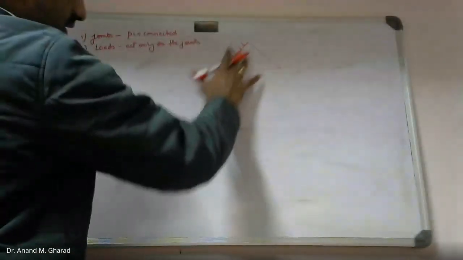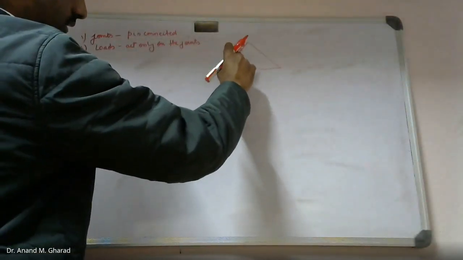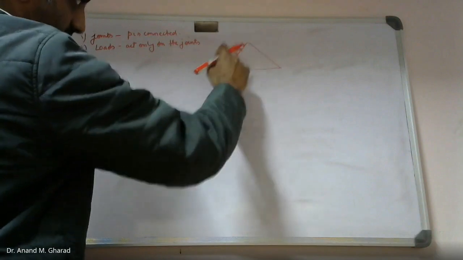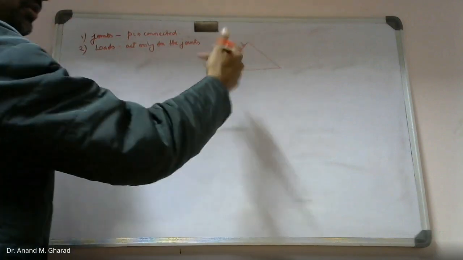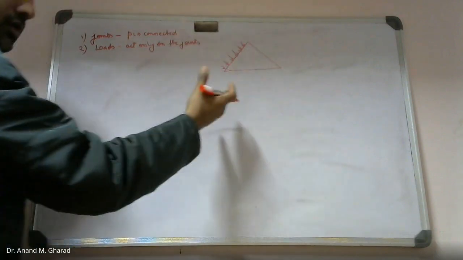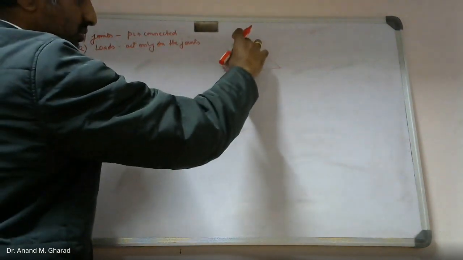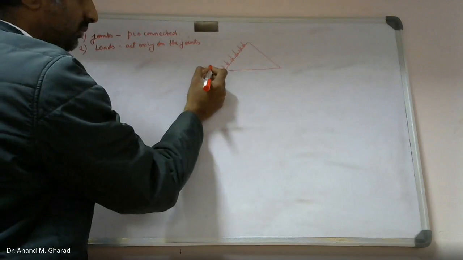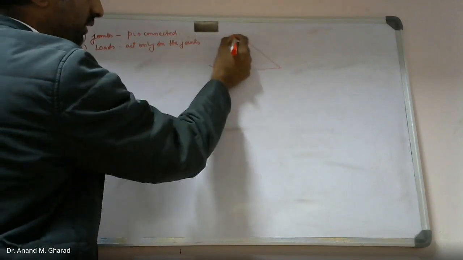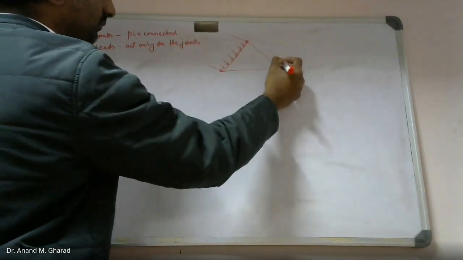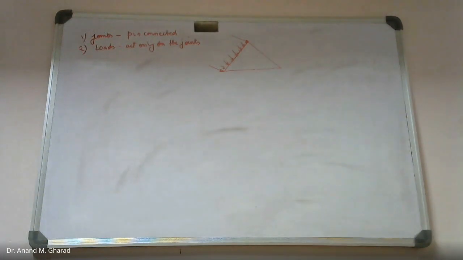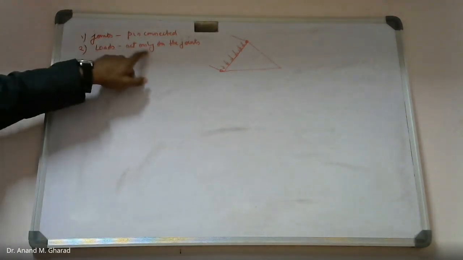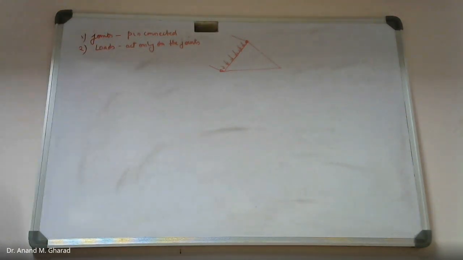If you find such a thing, then you are supposed to convert whatever uniformly distributed load or uniformly varying load may be given, and transfer the equivalent amount to the joints. So loads are acting only at the joints. Third is the self weight of the members.